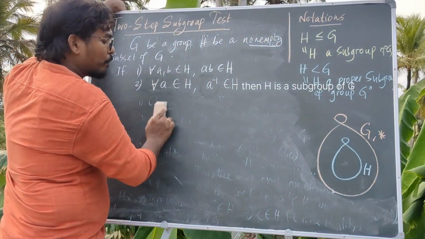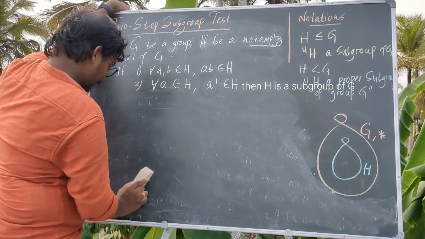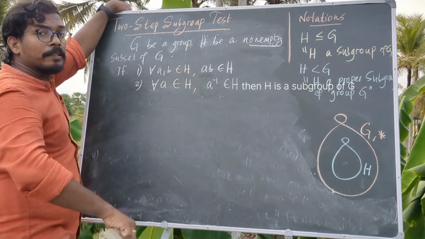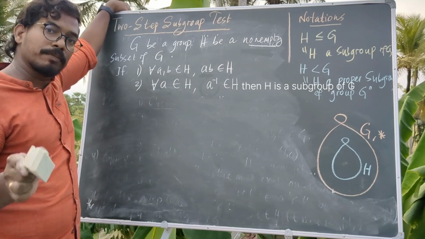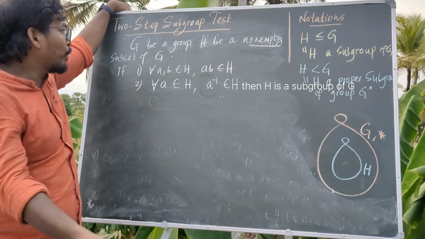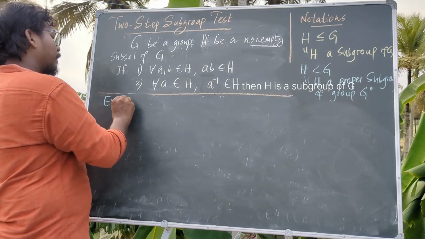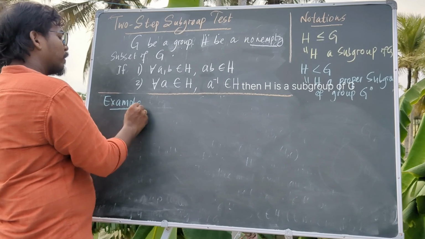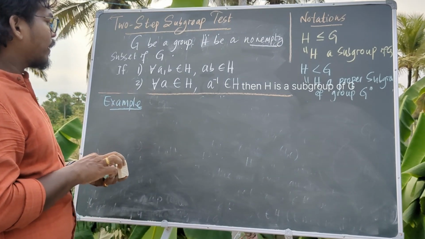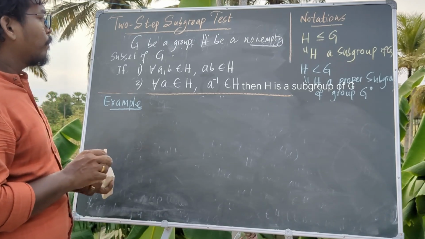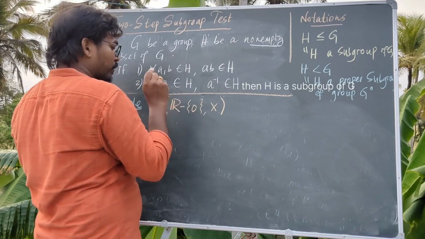So the two-step subgroup test says if a subset H has these two properties, then it will be a subgroup of the group G. It will satisfy all group axioms under the operation of group G. Example. In this example, we will have a group and a subset of that group, and we will show that that subset forms a subgroup by using the two-step subgroup test under multiplication.